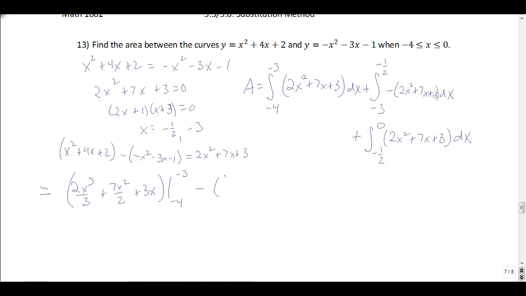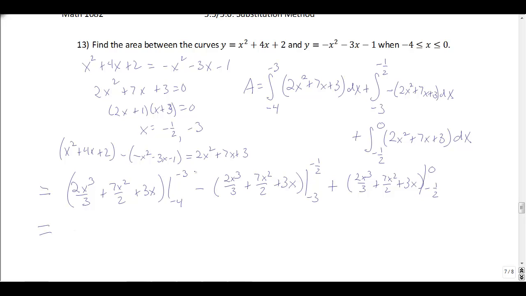And it's the same thing. 2x cubed over 3 plus 7x squared over 2 plus 3x. And then that goes from -3 to -1/2. And then plus my antiderivative, 2x cubed over 3 plus 7x squared over 2 plus 3x, from -1/2 to 0. So it gets a little bit big.